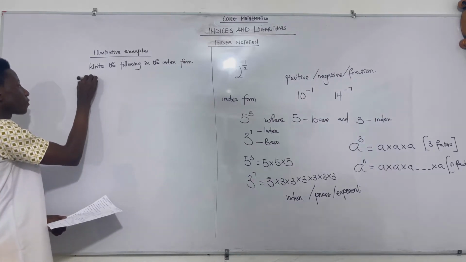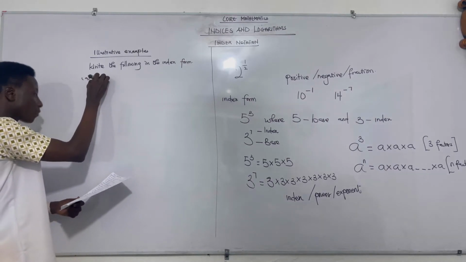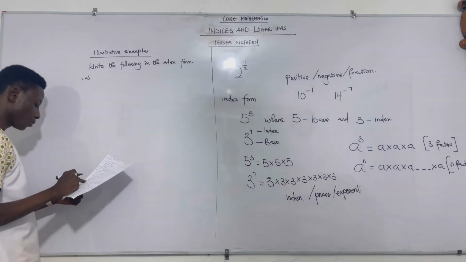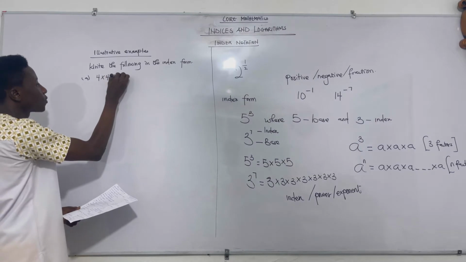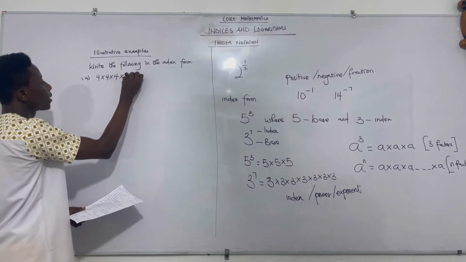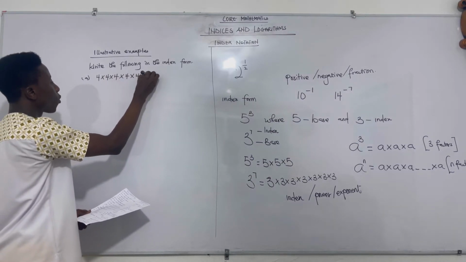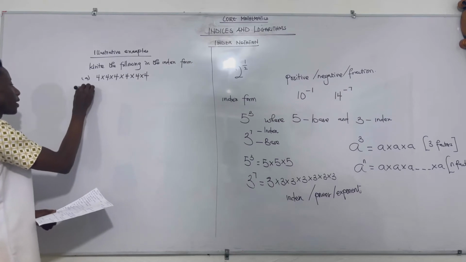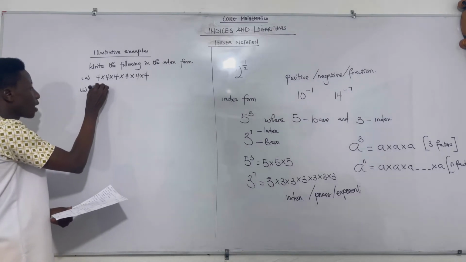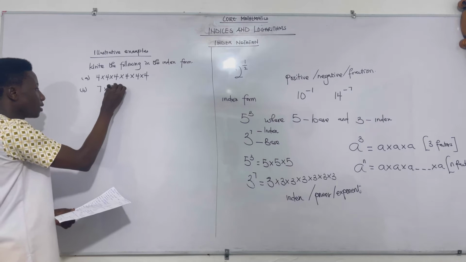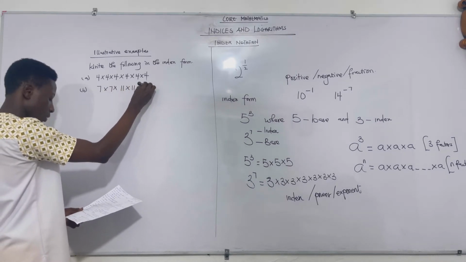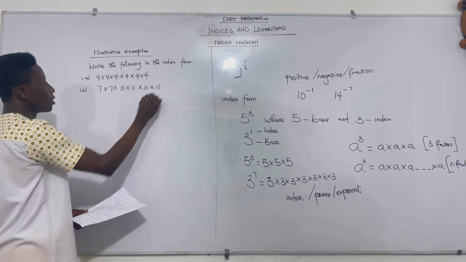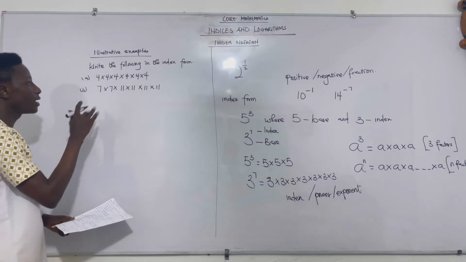For the first part we have 4 times 4 times 4 times 4 times 4 times 4. All right, the next one. We have 7 times 7 times 11 times 11 times 11 times 11. So we have to put all these in index form.